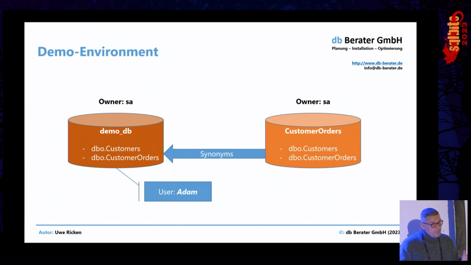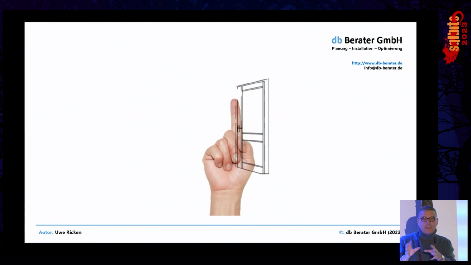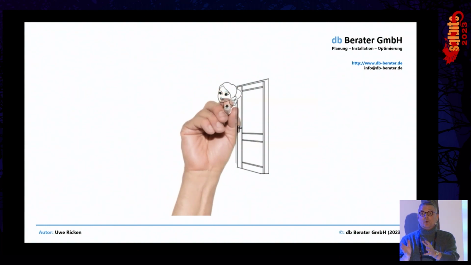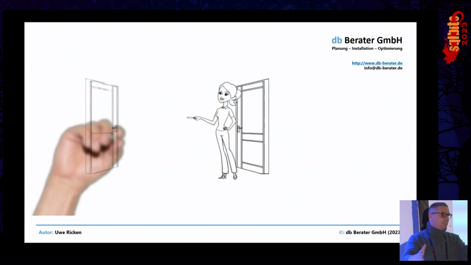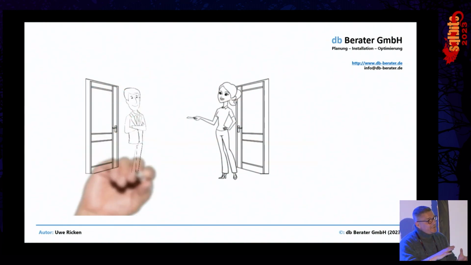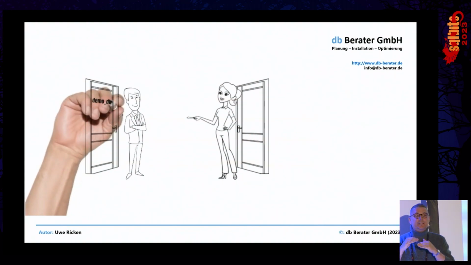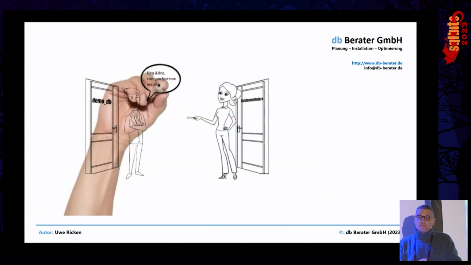And when we are talking about cross-database access, think about this. I try to make it easy and put it into real-world examples. You're living in a big house called a SQL instance. In this instance, you have lots of databases, and every single database is a dedicated apartment.